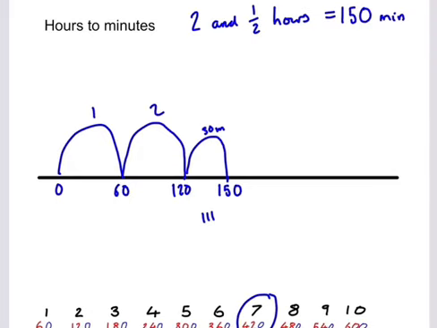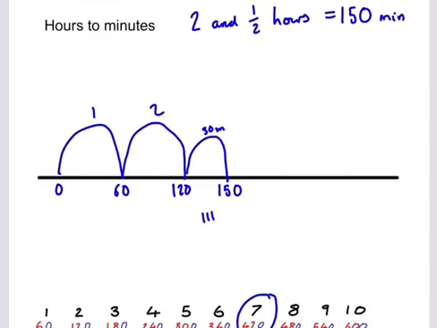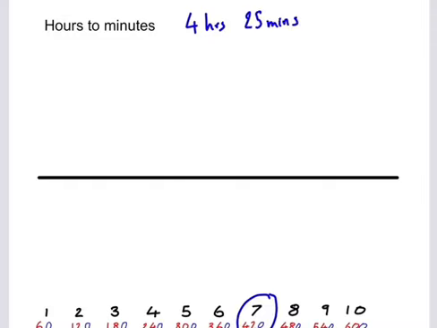Okay, let's just check these questions. Okay, so we might get some that are mixed numbers. So it might say to us, what is 4 hours and, I don't know, 25 minutes in minutes?